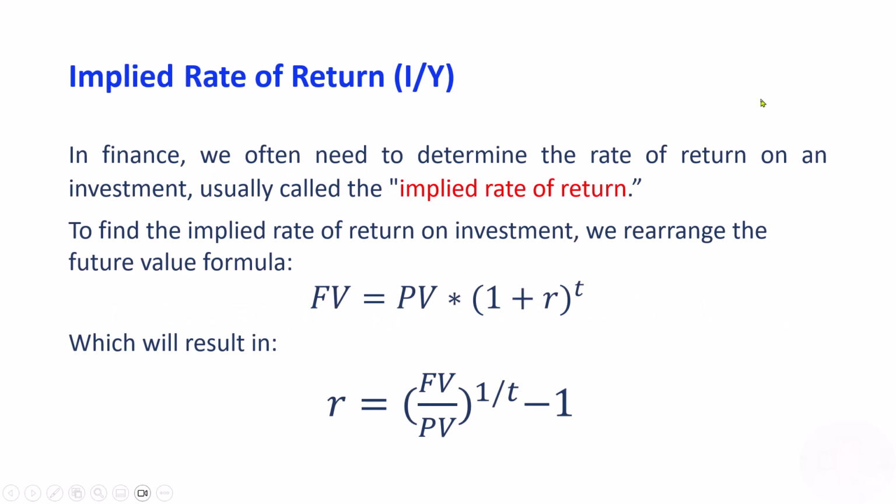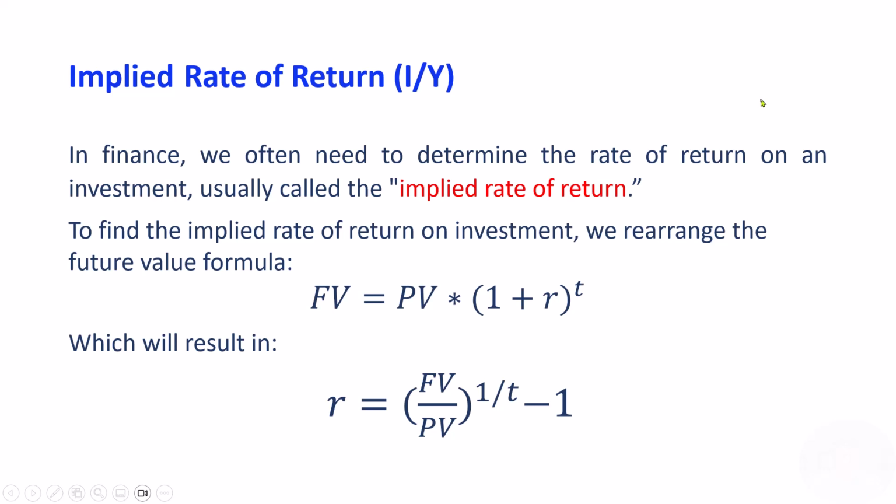In finance, it happens a lot that we want to determine the rate of return on an investment. So you know that you want to invest X amount today and you know that you will receive Y amount in the future. So you want to know what kind of rate of return you're getting in this investment. So let's say your friend tells you that if you lend him $1,000 today, he will return $1,500 in 6 months.